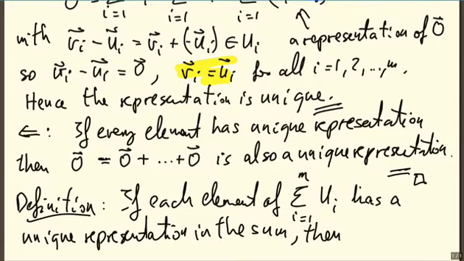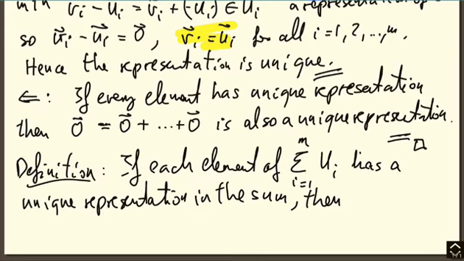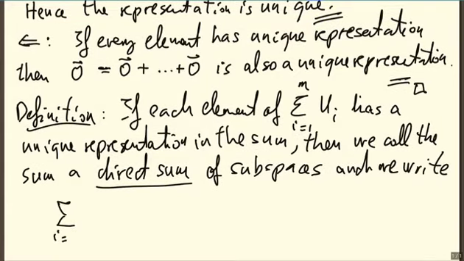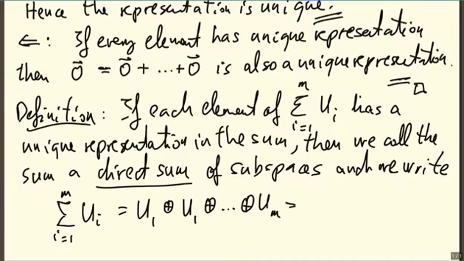Then we call the sum a direct sum of subspaces, and we write the sum, i going from 1 to m of Ui subspaces, using a circled plus sign instead of the regular plus sign for the direct sum. And if we want to use the sigma notation, then we write this circled plus in front of the sigma notation.